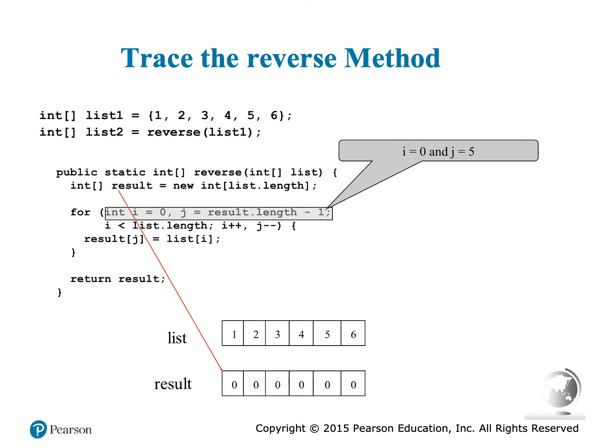Then we assign list sub 1 to result sub 4, and so on. You'll notice that the indices are increasing on list while simultaneously decreasing on result. Therefore, we need two variables, in our case i and j, to represent the indices of the two arrays. Additionally, we need to increment i at the same time decrementing j.